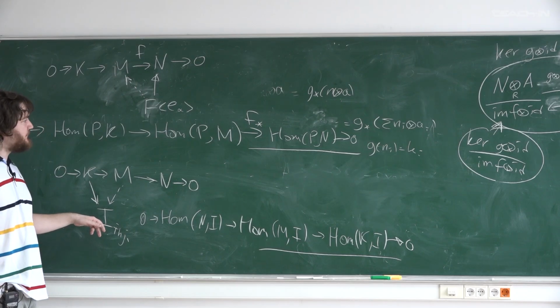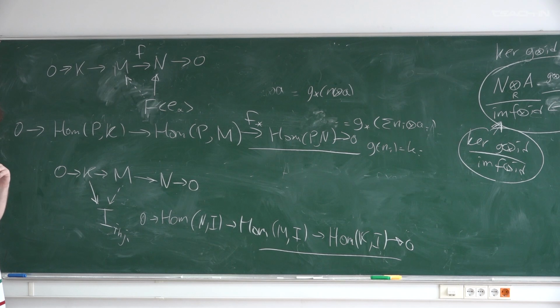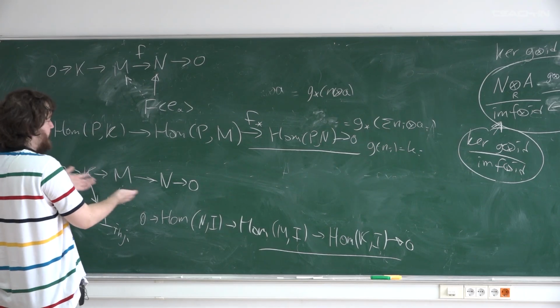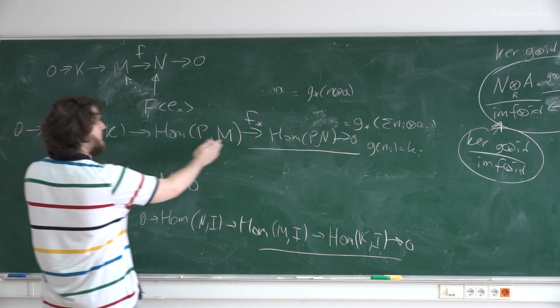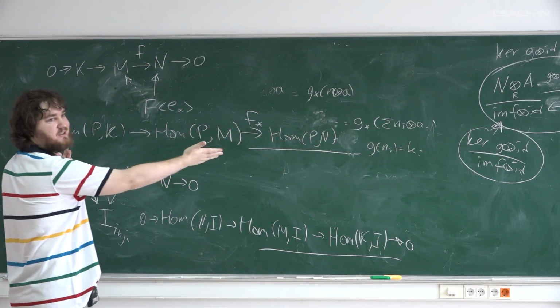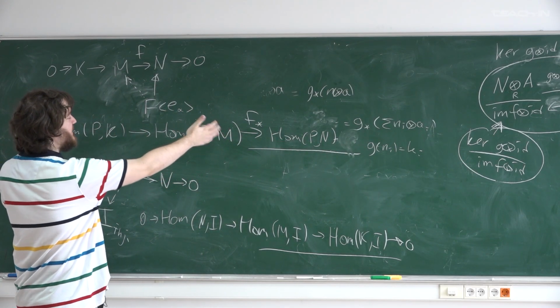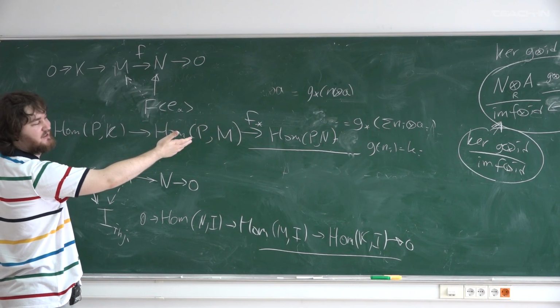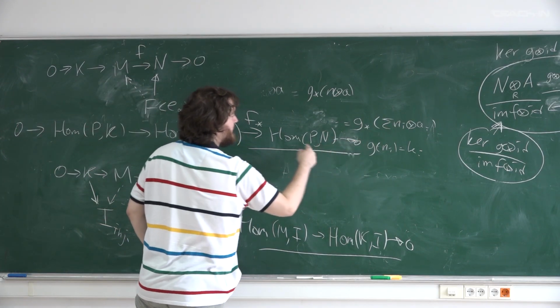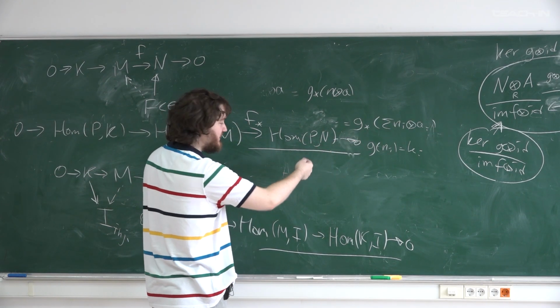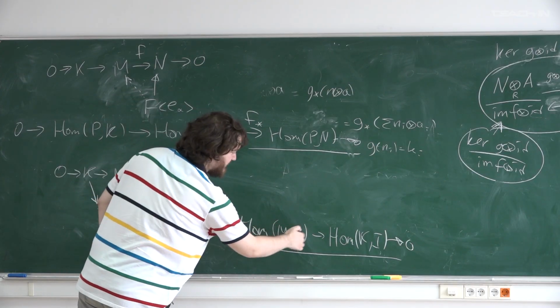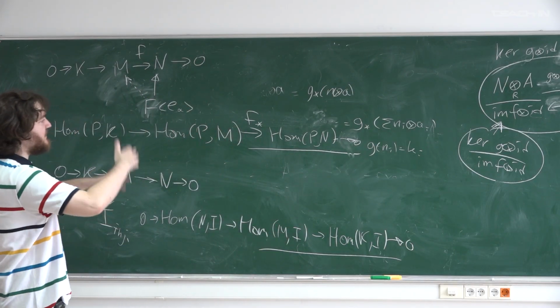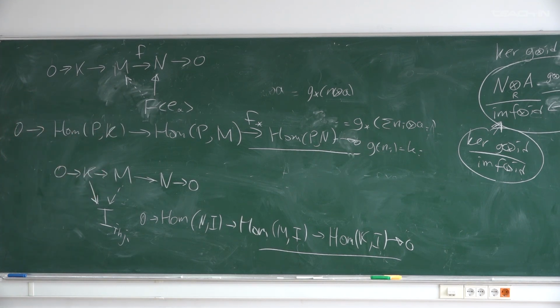If it's not projective, I just obtain an exact sequence without exactness on the right. This sequence is exact for any modules M, N and P, and exactness on the right here is equivalent to saying that the left module is projective, and the exactness here is equivalent to saying that the right module is injective, if it's true for any M and K.